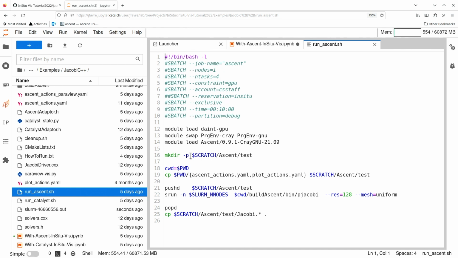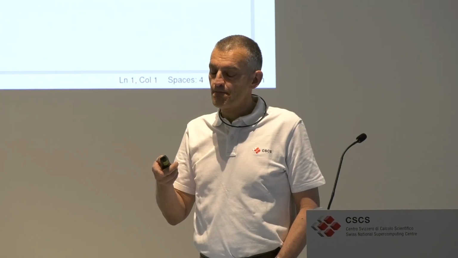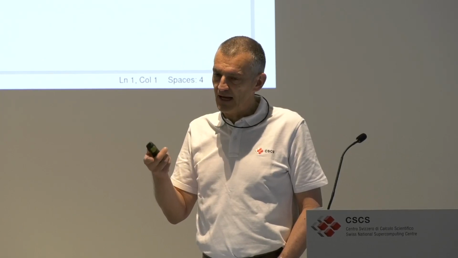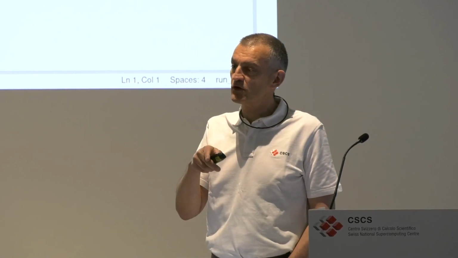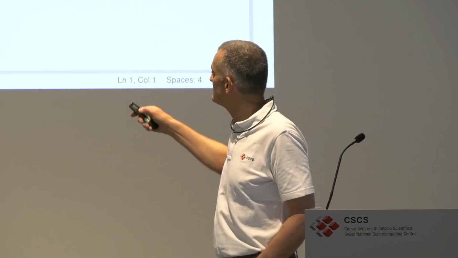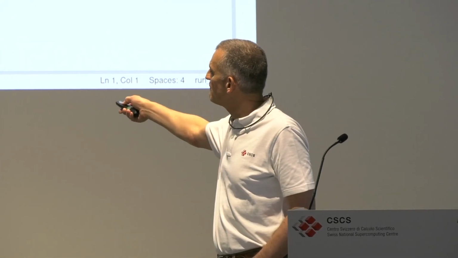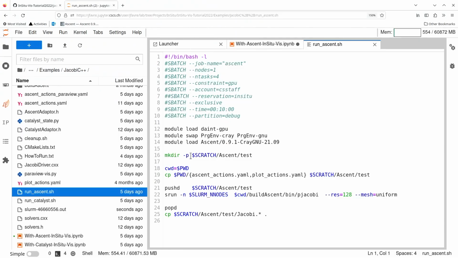This is done to override the Ascent actions I have embedded into the code. Remember, I told you to do it this morning. Which means we don't have to recompile the code here. We can specify any visualization algorithm we want, and we're going to look at the details of those.